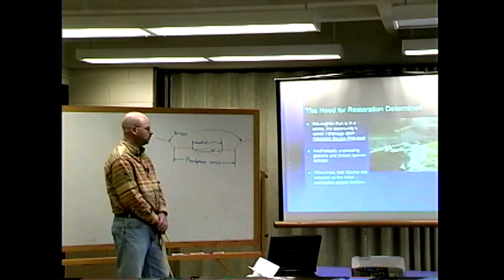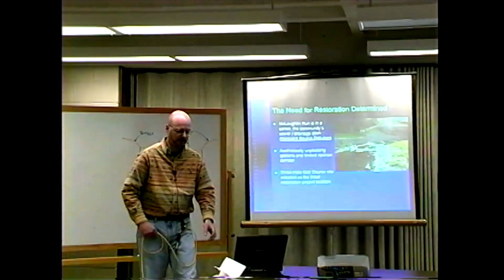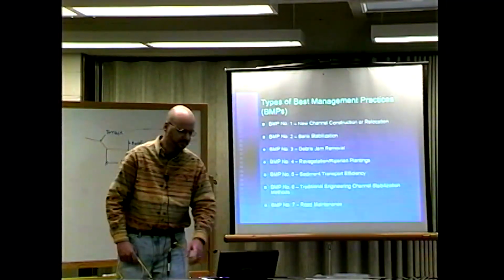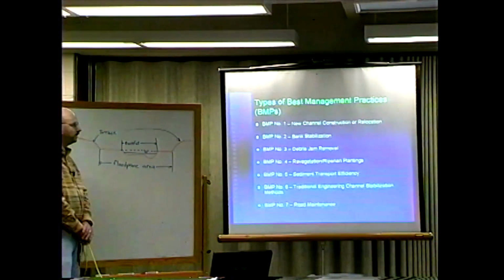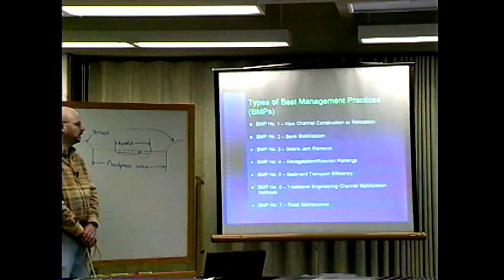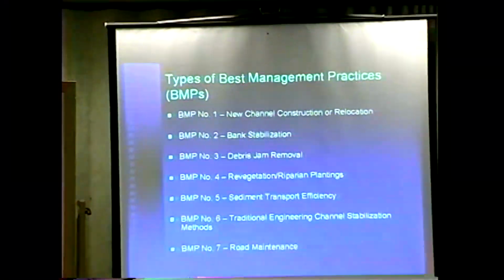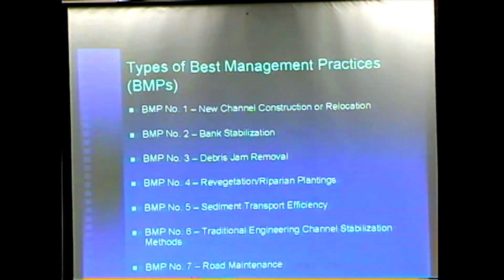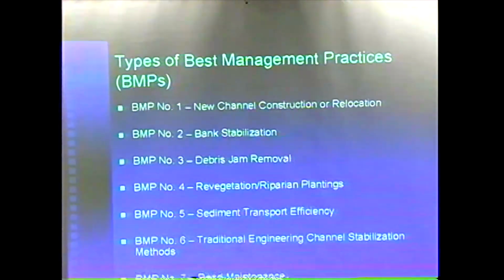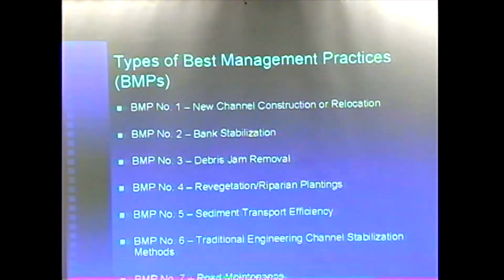Then the three-hole course was selected to be engineered, and we used a number of best management practices, new channel or reconstruction. We graded back the stream banks to allow more of a flood-prone area to be located throughout the project area.